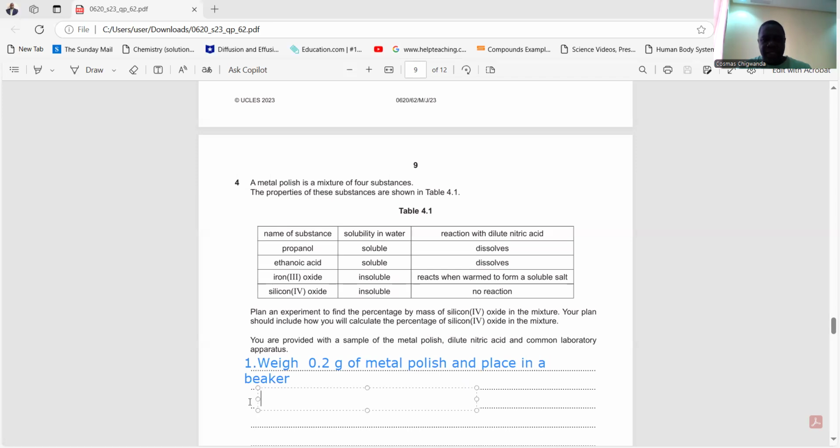And then after that, for stage number 2, what you're going to do next is add 25 cubic centimeters of dilute nitric acid into the beaker, okay?